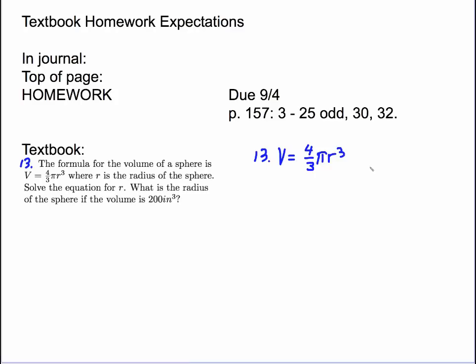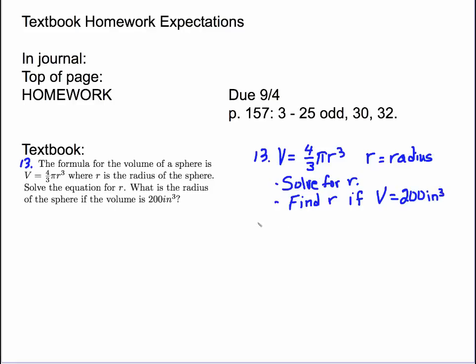Okay, so that's the volume, and then r is the radius. Now next, you want to solve for r, and then you want to find r if the volume equals 200 inches cubed, or cubic inches.